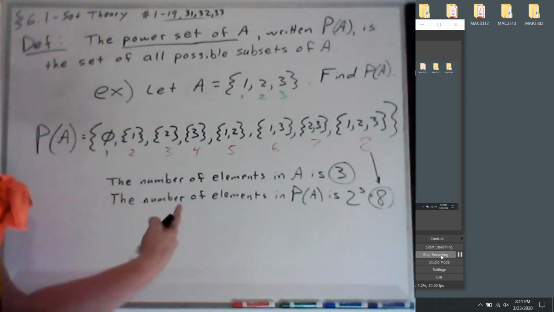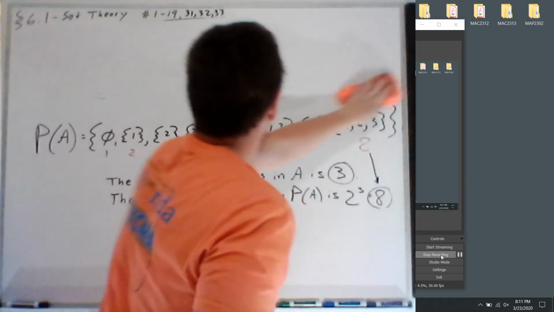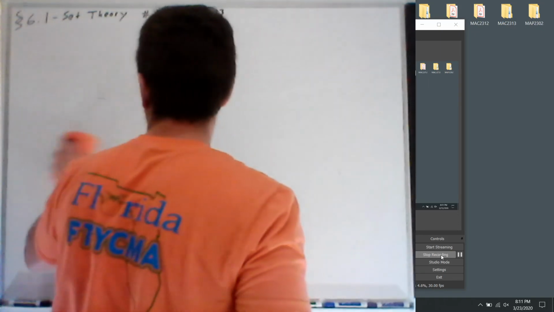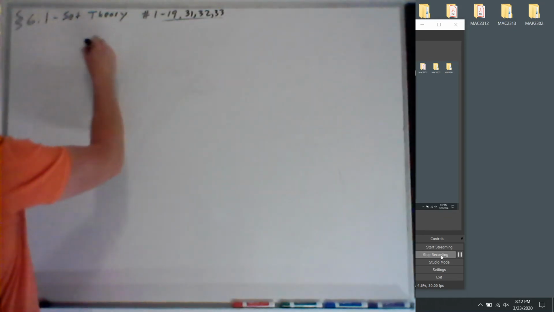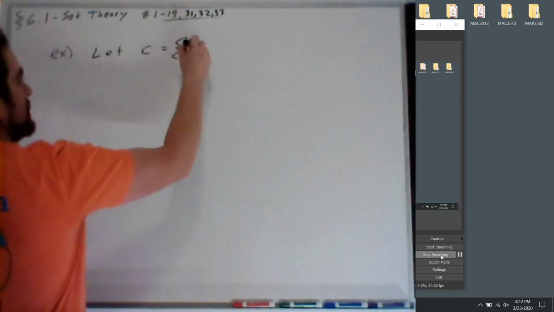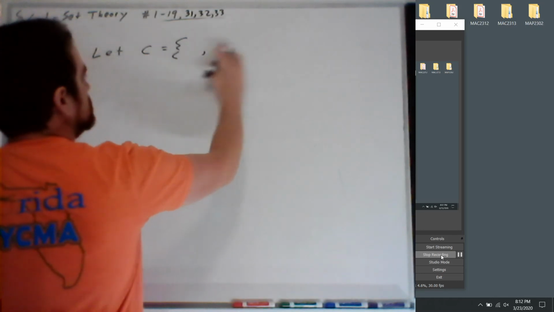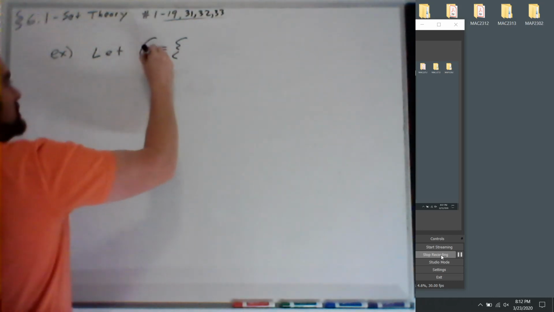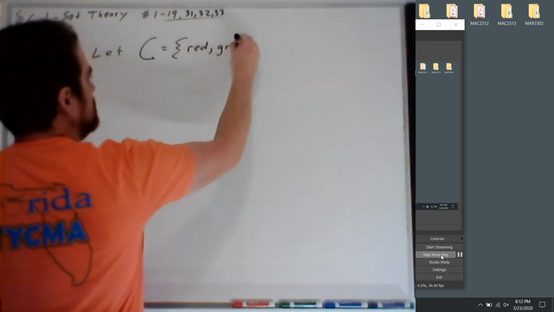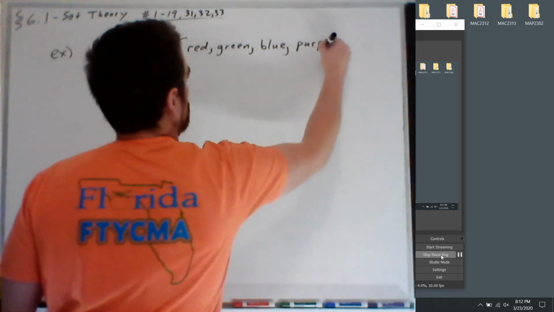So real quickly before we wrap it up, I'm not going to go through the entire process of finding the power set, but let's say, let C equal a set, and just so it's not confusing with the set C, let's do this. Let's do red, green, blue, purple, and yellow.